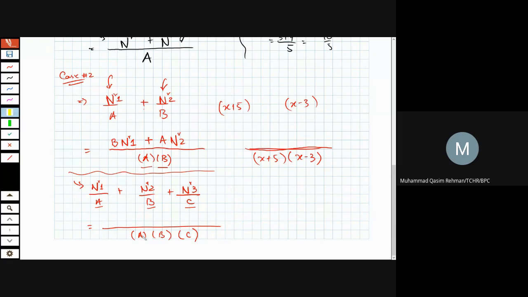So think of this, that this denominator is cancelled out with this denominator. Do not cross them out actually. What are you left with in the denominator of the LCM? B and C. This B and C will be multiplied with the numerator of the first one, which is numerator 1. This is the first term. Now, what is the second term?